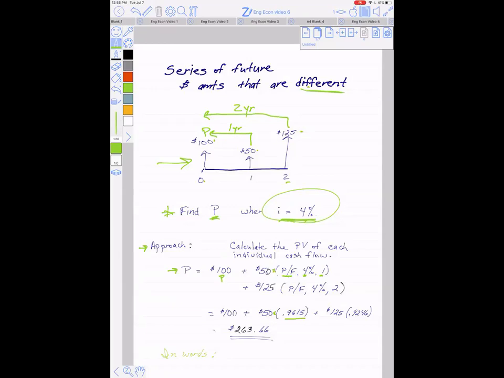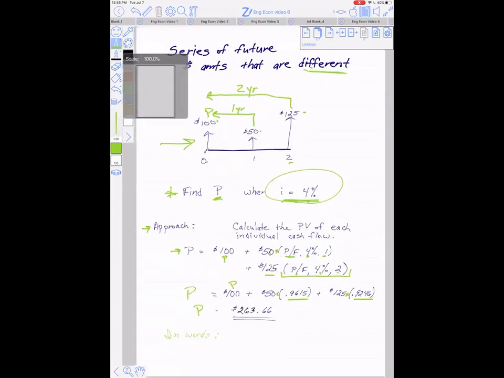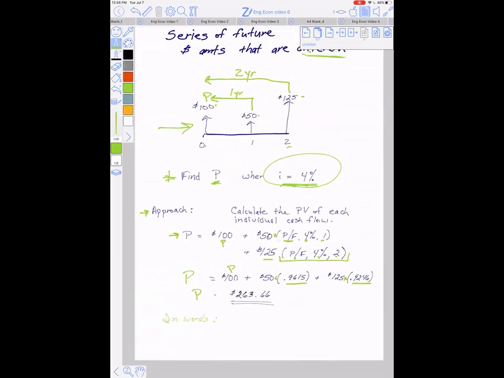Then our last payment is $125. Again, we multiply that by a factor found on the 4% interest table, row 2, same column, find P given F. And that factor is 0.9246. Multiply that by the cash flow, $125. Remember, this $100 is already in terms of P. Then we just add those three sums together, and we get the present value is equal to $263.66.